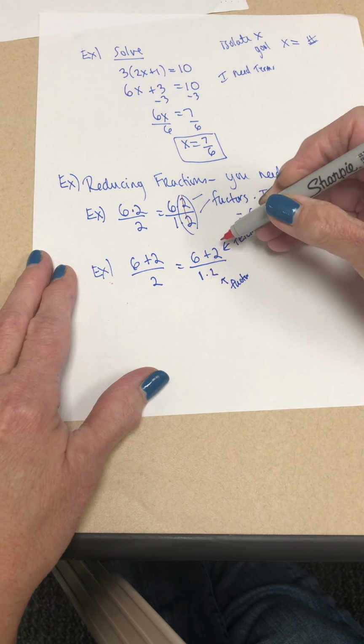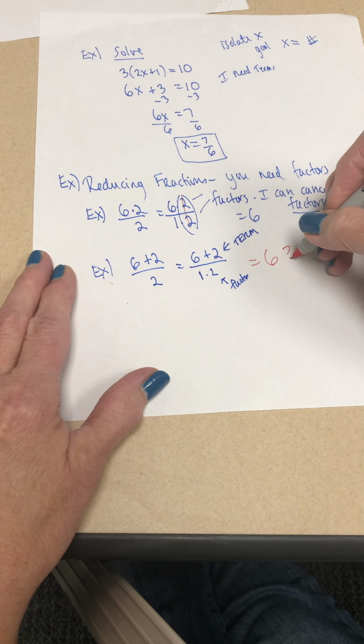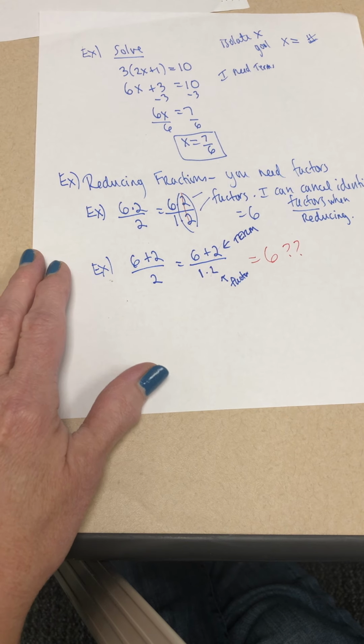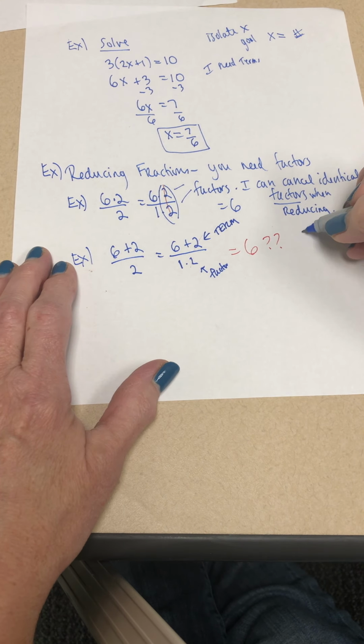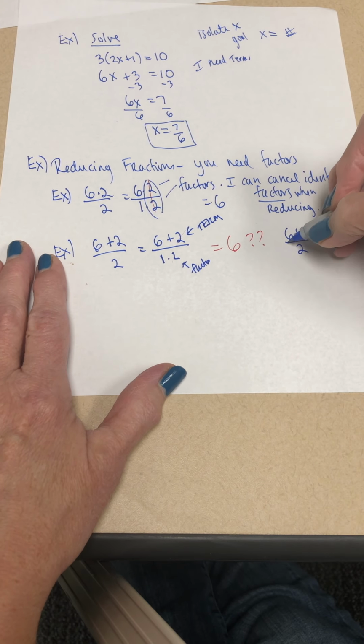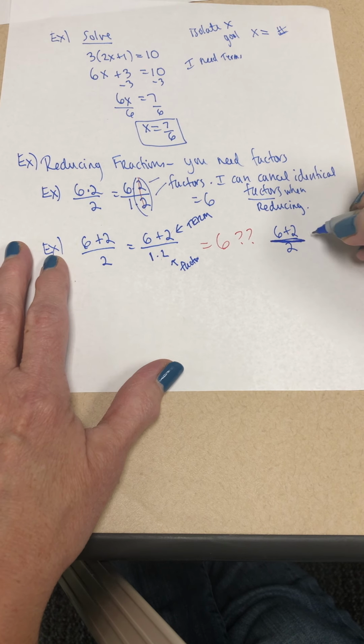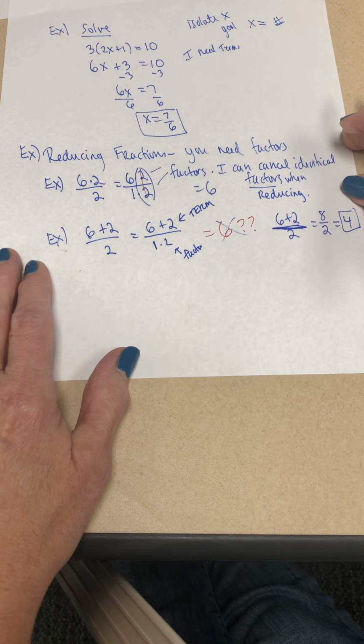Can I cancel these 2's and say that equals 6? Well, you can, but you'd be wrong. We know that 6 plus 2 over 2, remember this acts like parentheses, so get the answer in the numerator first, is 8 over 2, and 8 over 2 is 4. That's the correct answer. It's not 6.